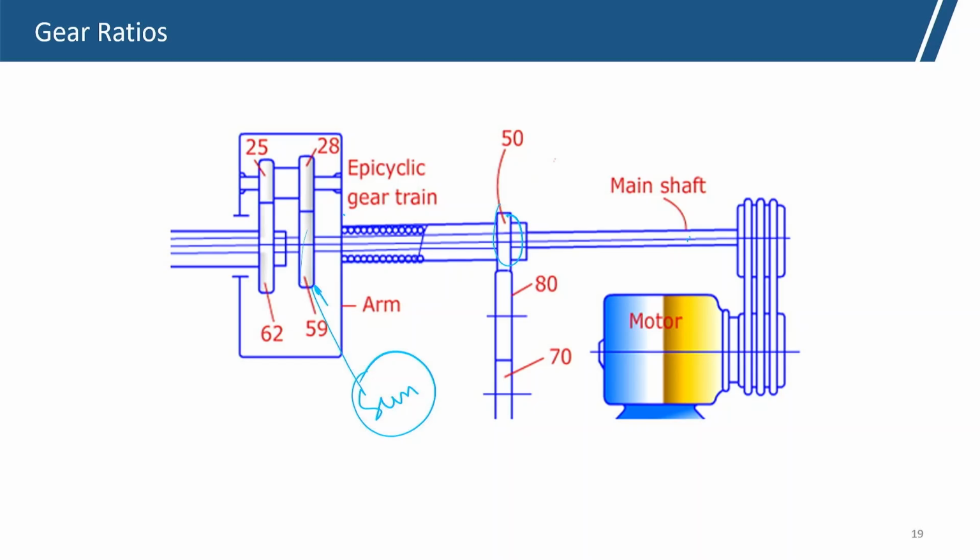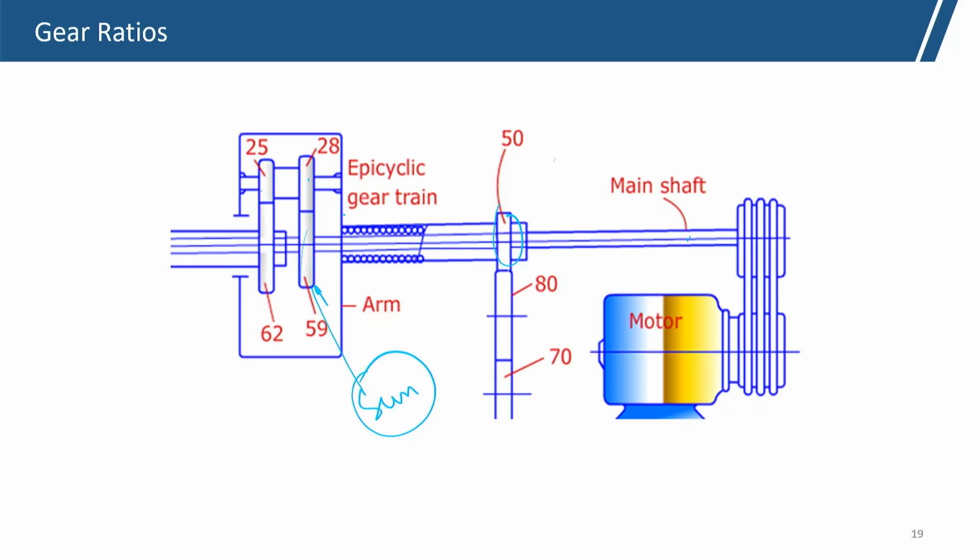It gets variable motion from the bottom cone pulley, which revolves these wheels 28 and 25 around the sun.